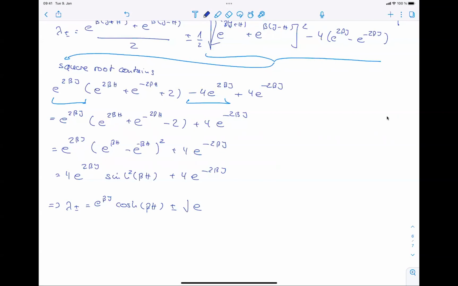So I get e to the beta j cosh beta h plus minus e to beta j, and the 4 cancels with a half. And sorry, one more step. Plus.